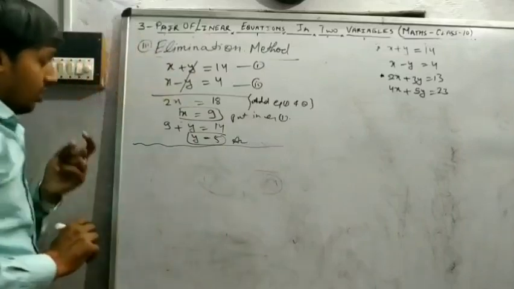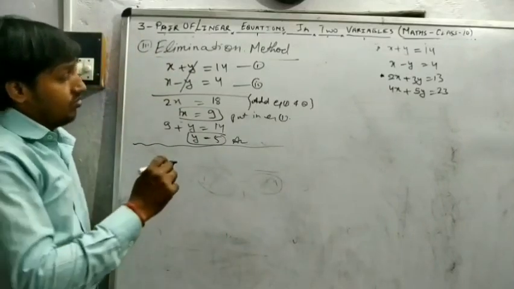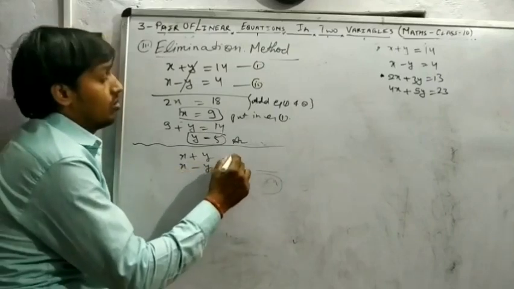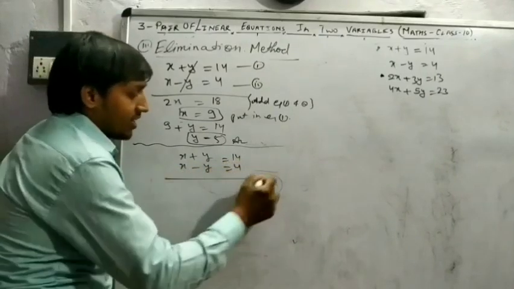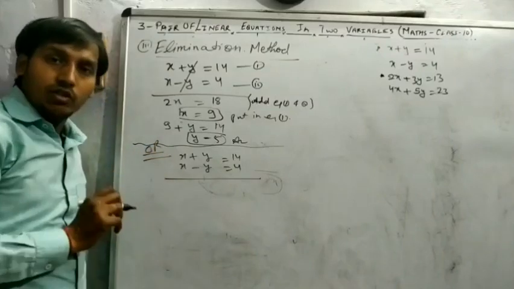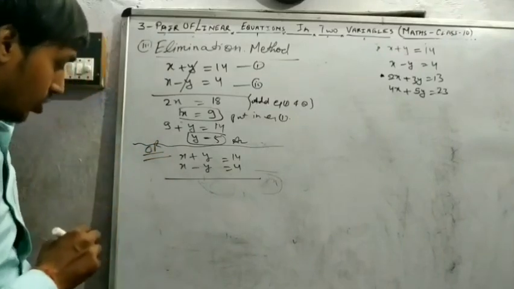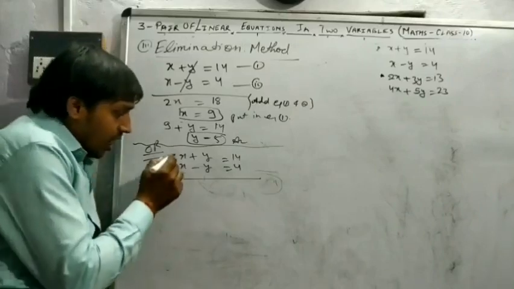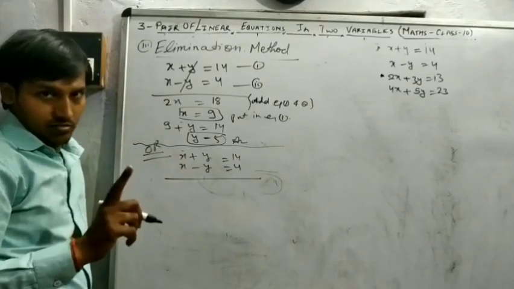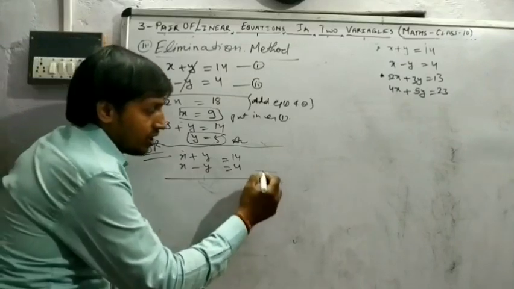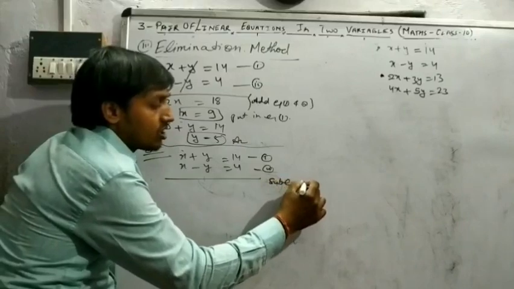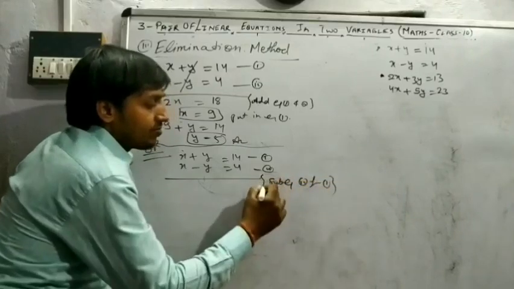But suppose that we want to eliminate x. So you can see x has the same sign, it can't be eliminated. So we subtract the second equation from the first.